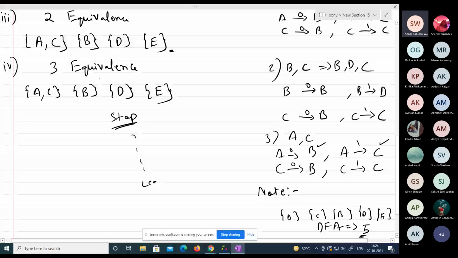So we do not want to go into the loop again and again. We avoid splitting this and we stop over here. And we say that for third equivalence, we are considering these values only. We do not want to proceed further. Is this clear?